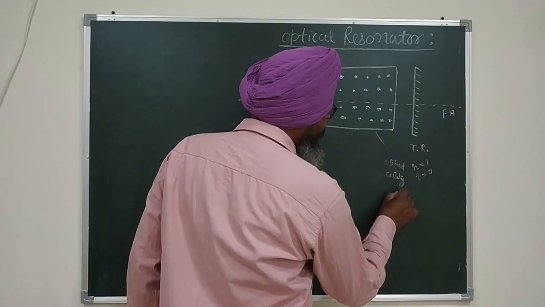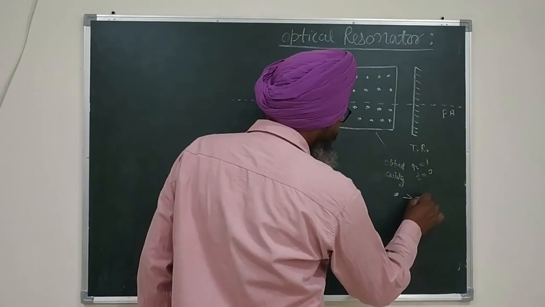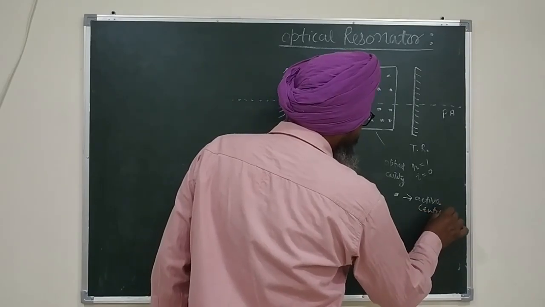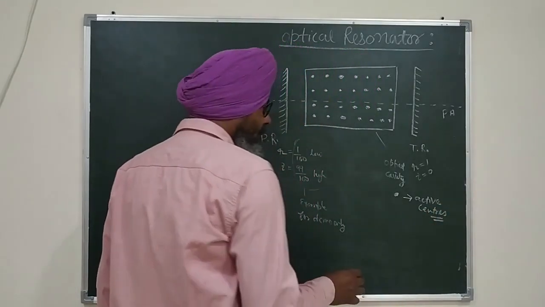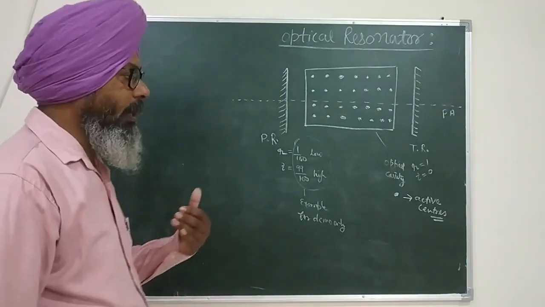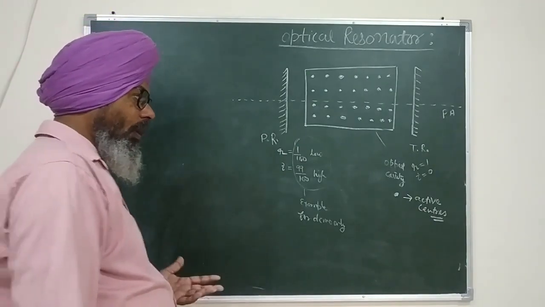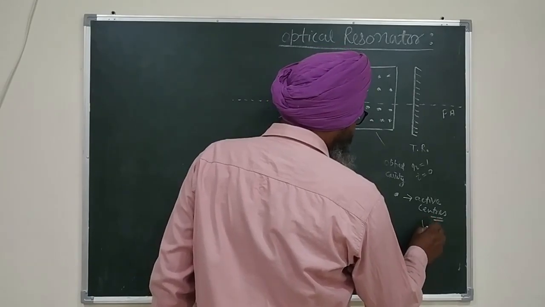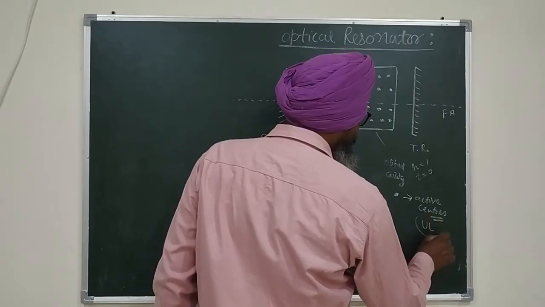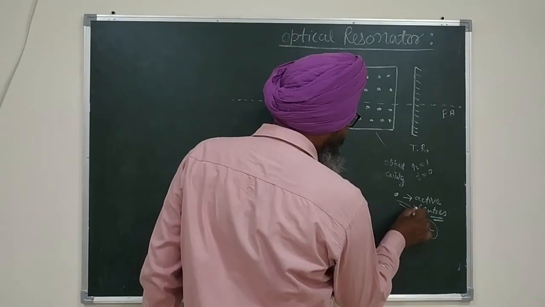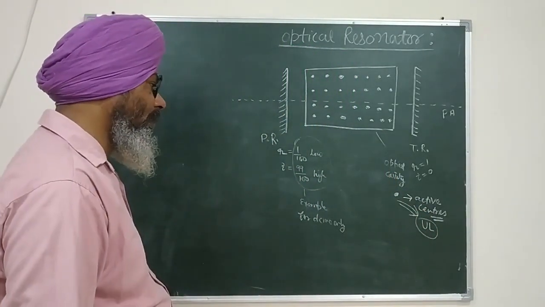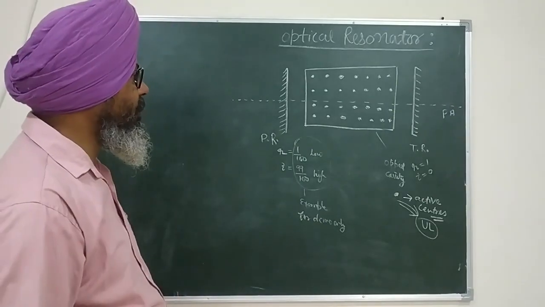I will write the description here. These dots are active centers. So what are the active centers? Active centers are those atoms or molecules or ions which, at a given instant of time, are in the upper lasing level. And when these de-excite to the lower lasing level, the lasing action will start.